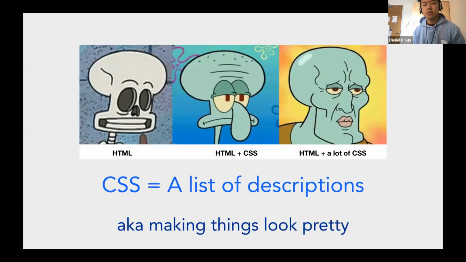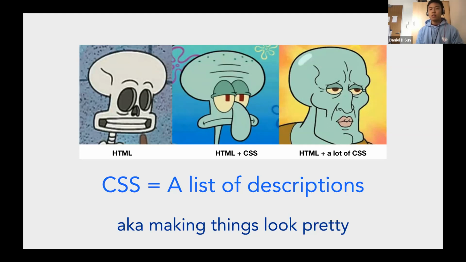Etc. And here's the SpongeBob meme I was alluding to, but if you just have a website that's plain HTML, you just got bones, right? And that's not very good looking. But if you add in a little bit of CSS, you get something that's recognizable. And I mean, Squidward's not the prettiest dude, but better than just bones.